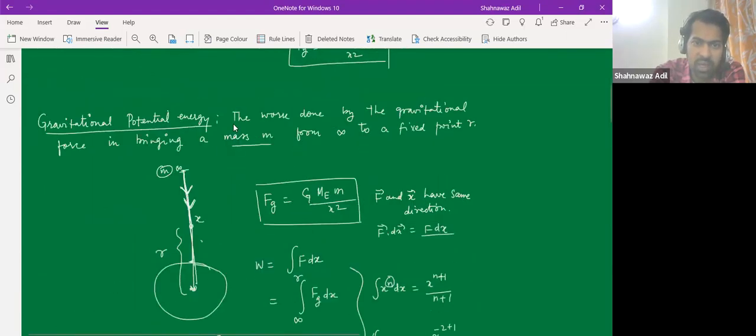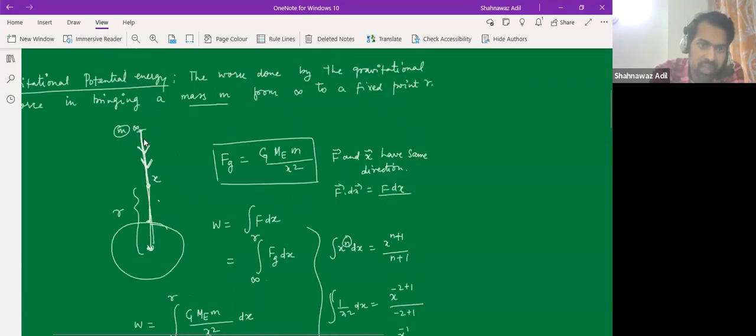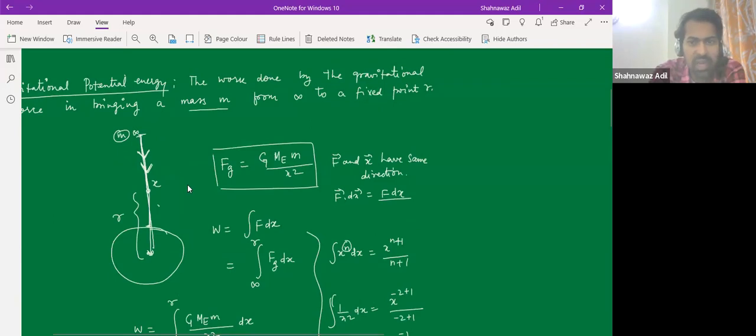We moved the mass m from infinity to a fixed point r, and that we call the gravitational potential energy. But if we take a unit mass, which means we divide this work done by the mass m, then whatever the result would be, that would be called the gravitational potential.